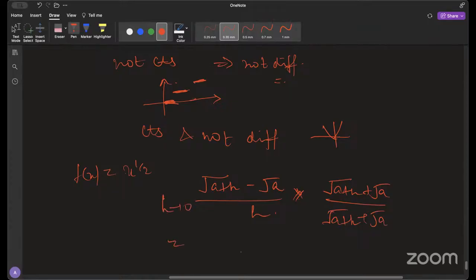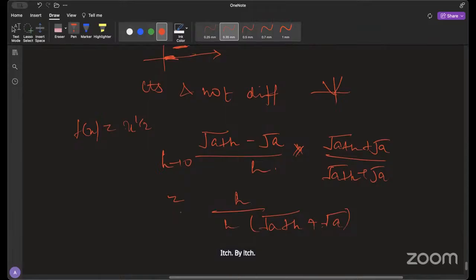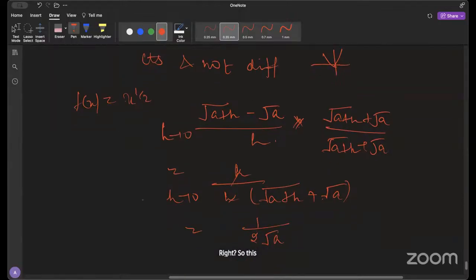This gives you h by h as h tends to 0. This is 1 by this thing, right? So this is your derivative of this function at a point.